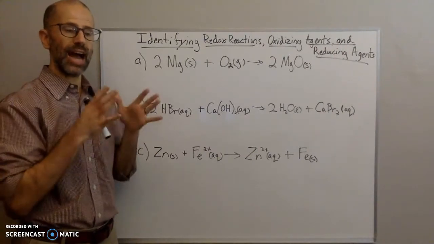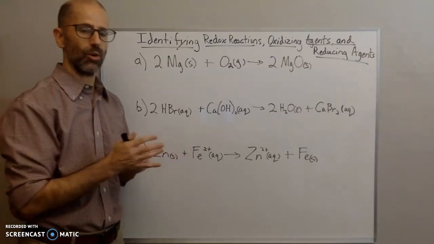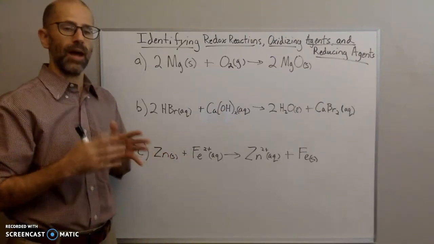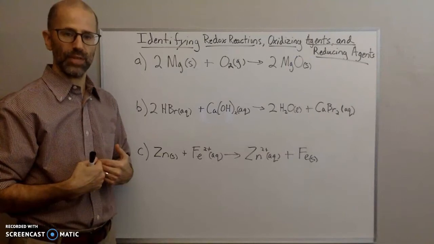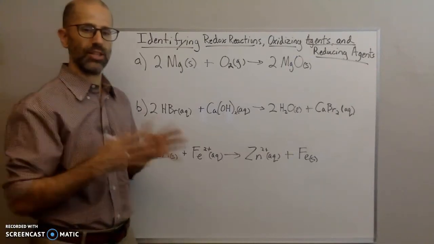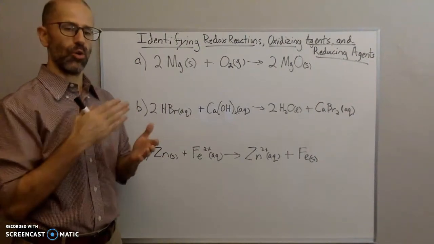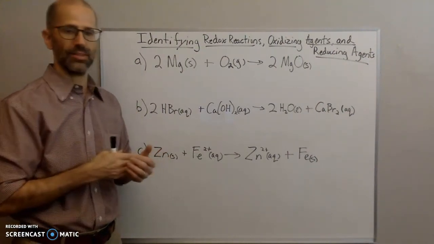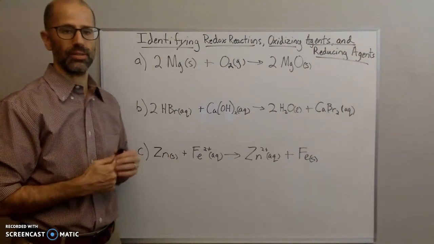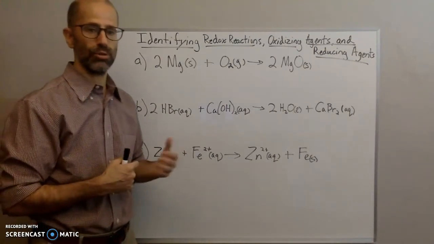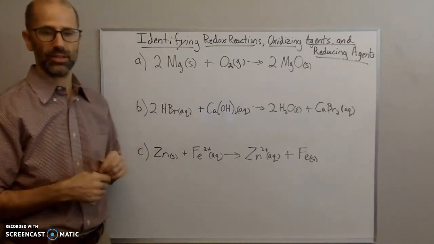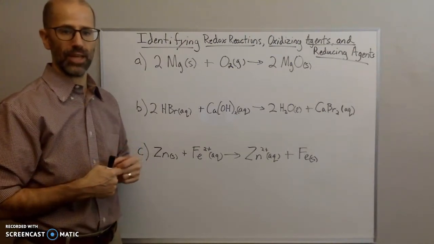Whatever the agent does, the opposite happens to the agent. If the reducing agent is reducing, then the reducing agent gets oxidized. Whatever gets oxidized is the reducing agent, and whatever gets reduced is the oxidizing agent.